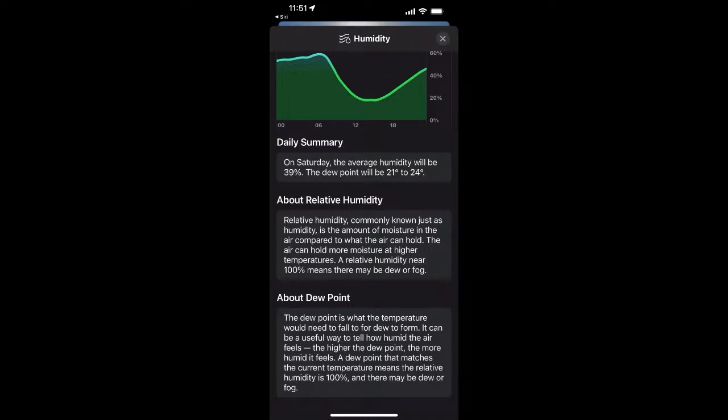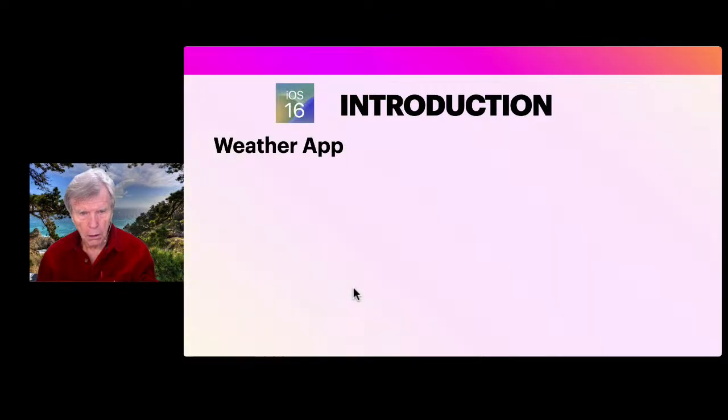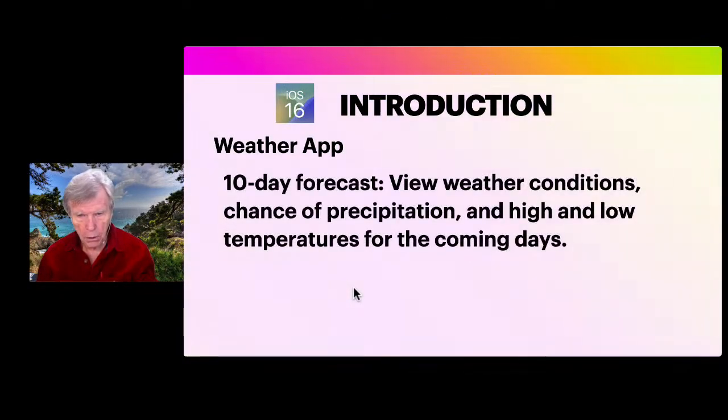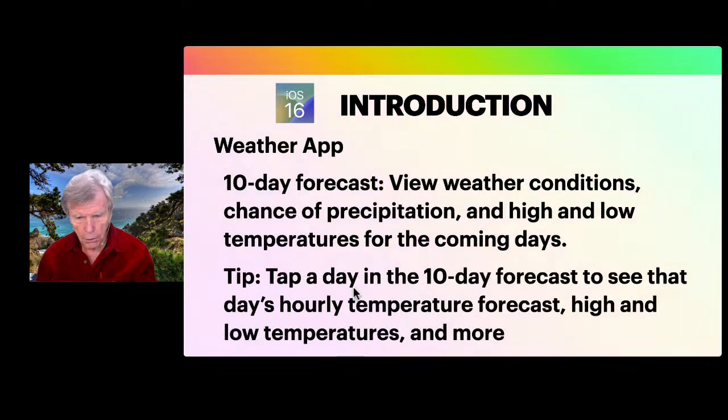So those are all new features that have been added to the weather app. So we saw here that you can see the 10-day forecast, and you can also see a day in the 10-day forecast.